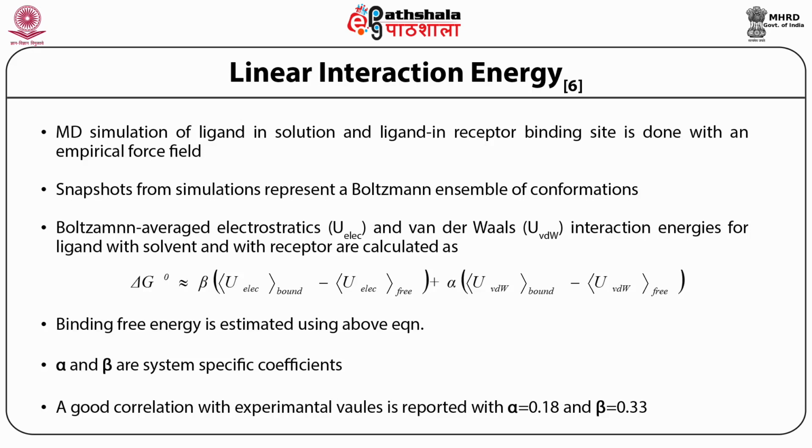With a good correlation with experimental values, we find that alpha is almost 0.18 and beta is 0.33. This function can be utilized for LIE type of methods. Many references are given at the top like this, and in the text all the references are narrated by the same number.